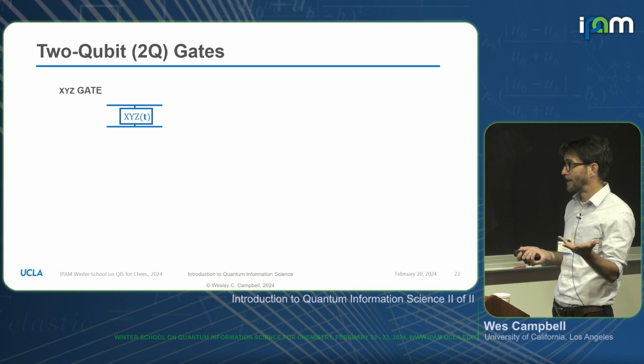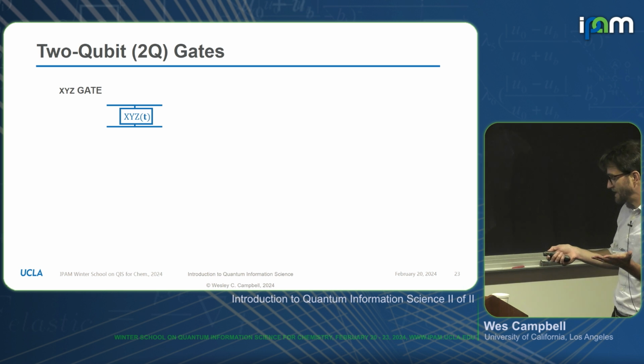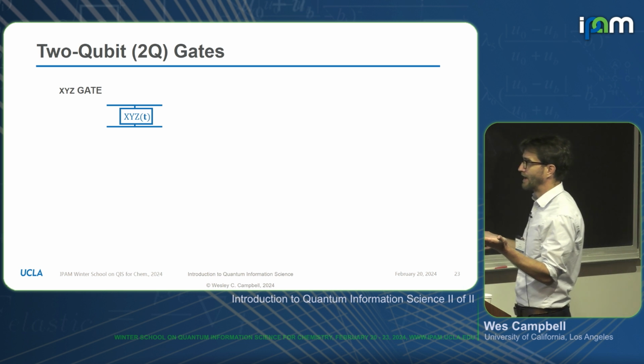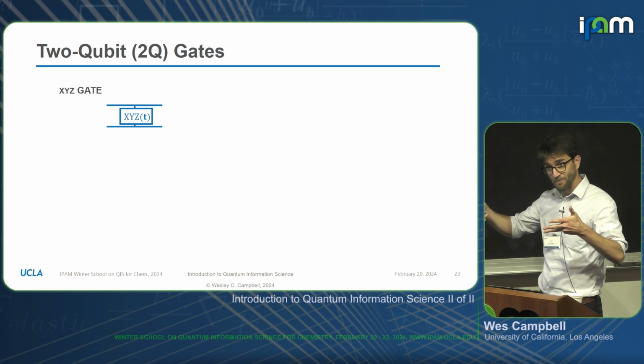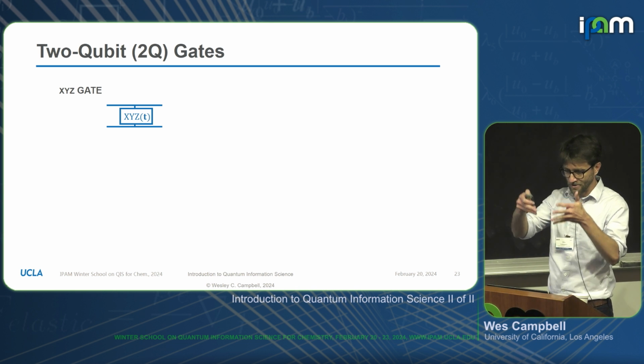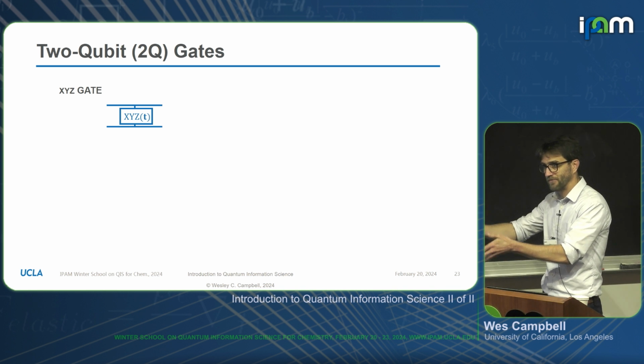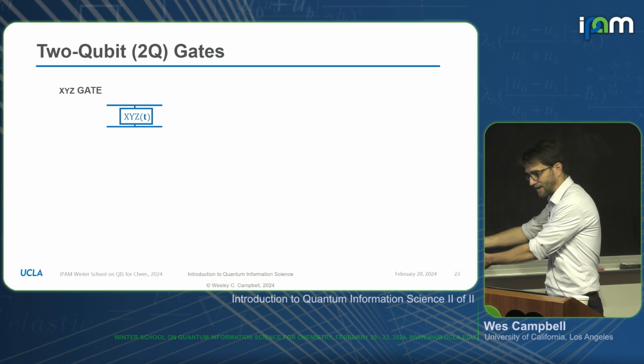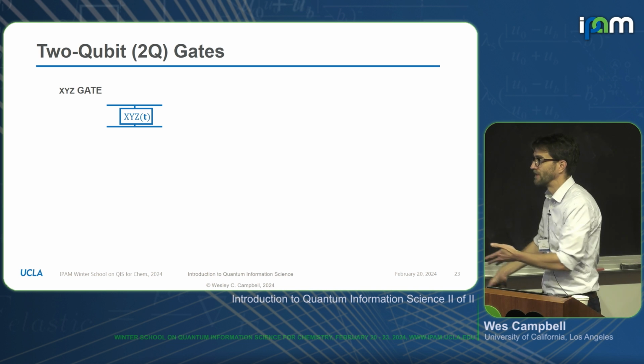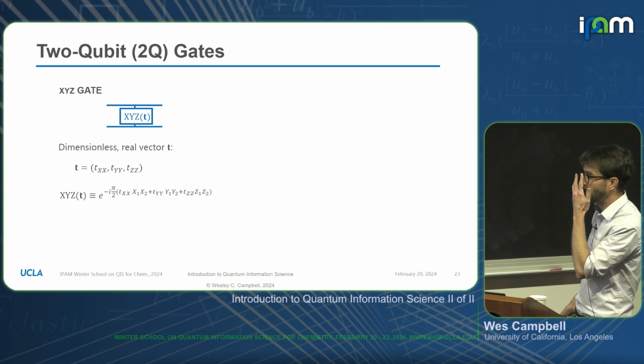But fundamentally, an XYZ interaction in a spin model is an interaction where you have a term in the Hamiltonian multiplying x1, x2, another term of a different strength for y1, y2, and another term of a different strength for z1, z2. That's the XYZ model, okay?